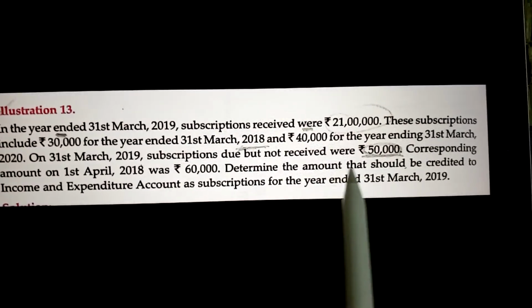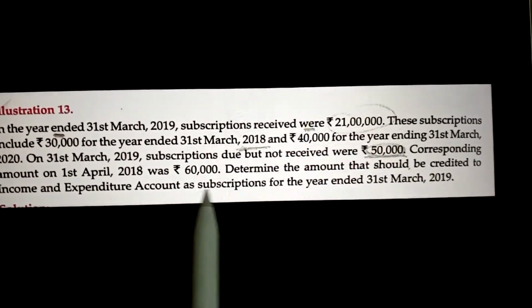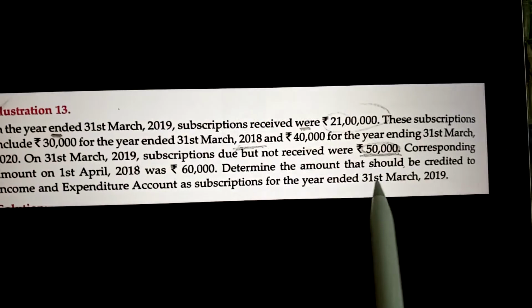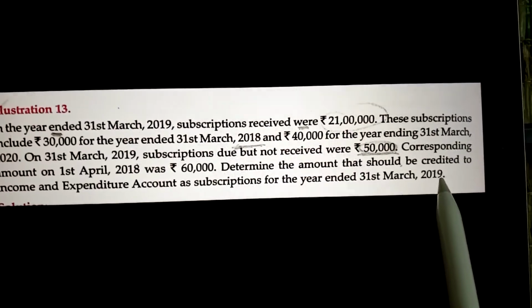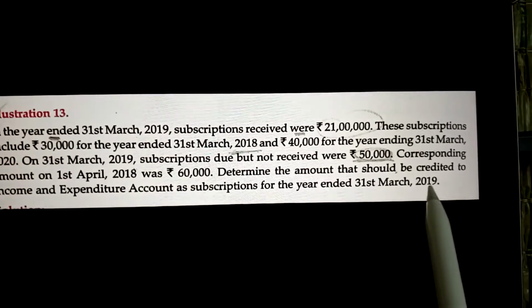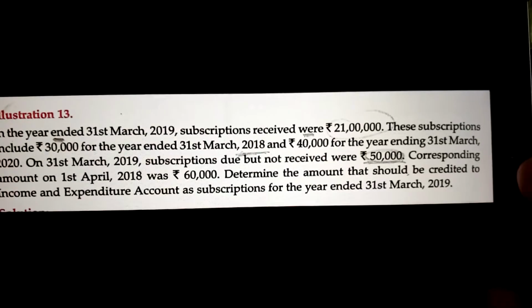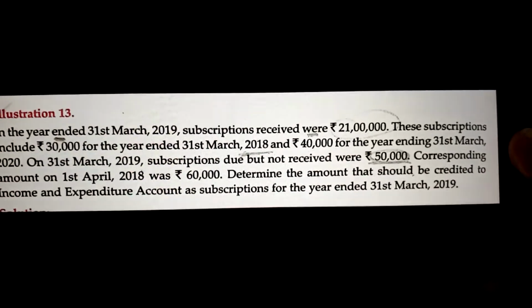Determine the amount that should be credited to income and expenditure account as subscriptions for the year ended 31st March 2019. So here 31st March 2019 is the current year, and we have to calculate the subscription for this.